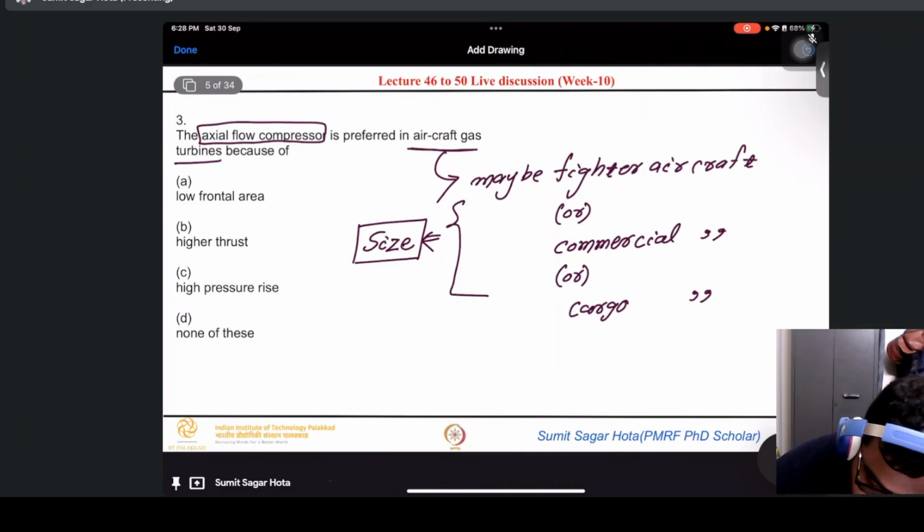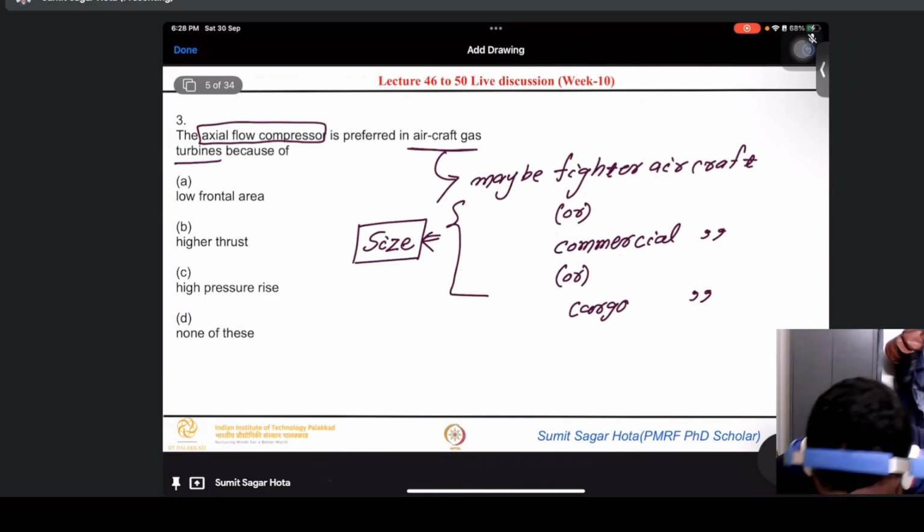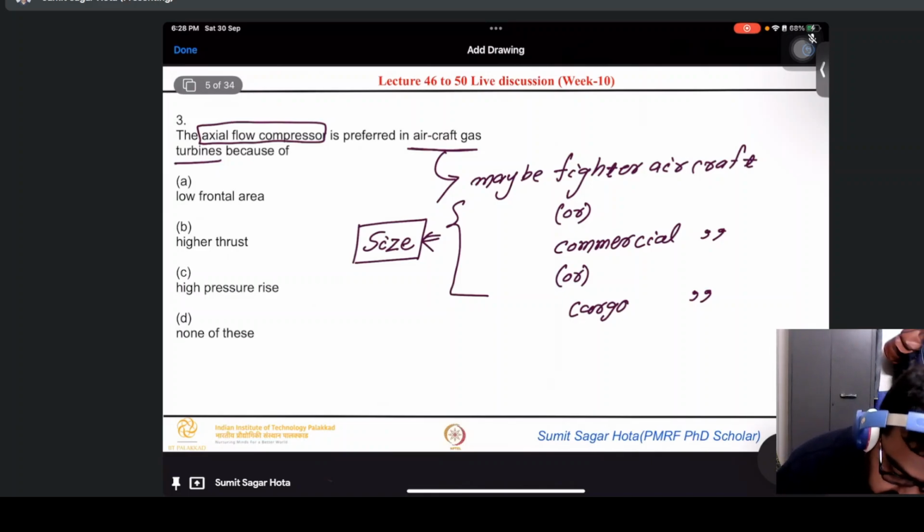So we have to make the bigger size without affecting it, with a low frontal area. That's the design approach.